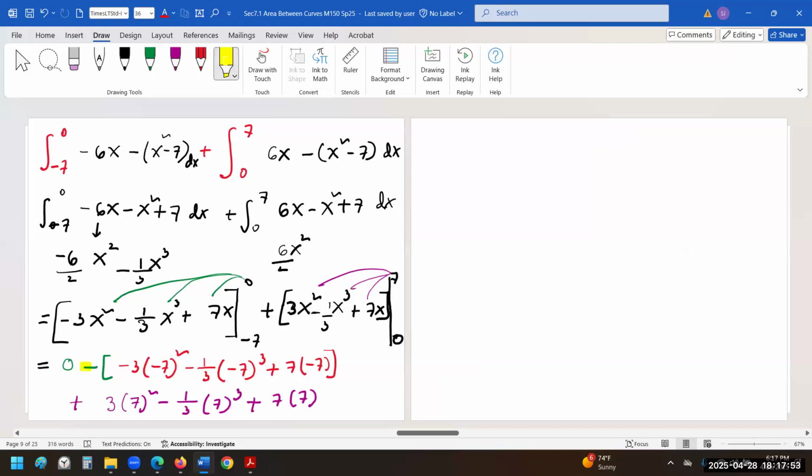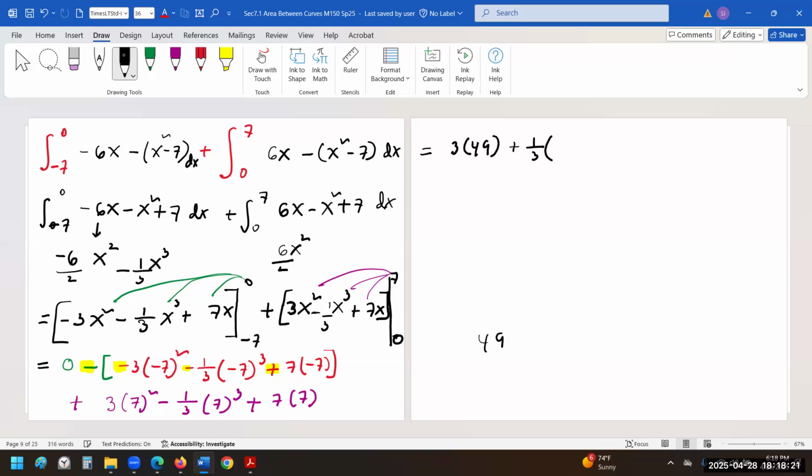Now, because of this minus, all the signs here will change, right? Because we're subtracting. So we have positive 3 times 49, positive 1/3 times 7 times 7 times 7.